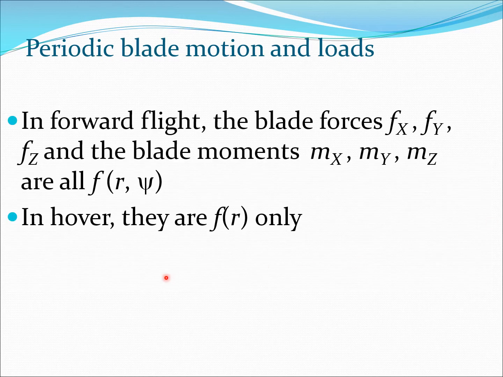And also the corresponding blade forces, blade moments are all also going to become functions of both r and psi, whereas when there was no forward speed, they were functions of radial station only. So that's a big complication which has come because of the presence of forward flight.